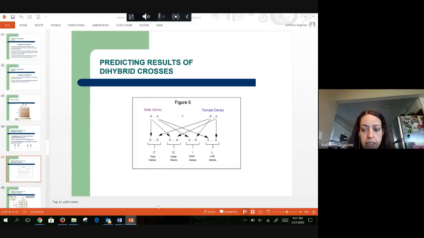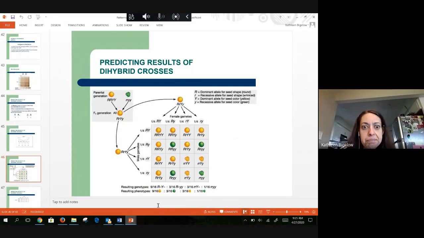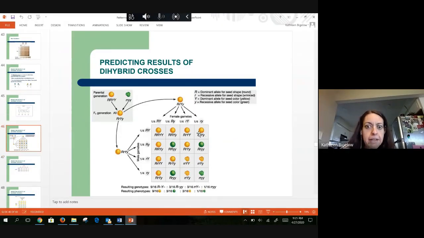So let's see here. Okay, so this is a nice example. Here is your dihybrid cross Punnett square. 4 alleles on the top from the female, 4 alleles on the side from the male, gives you 16 boxes and 16 different combinations of what you're looking at.